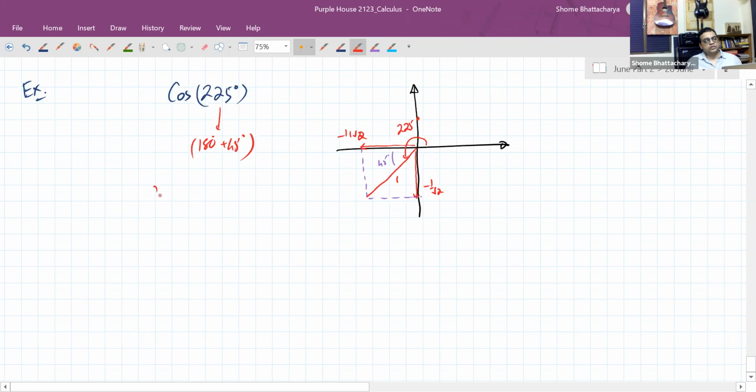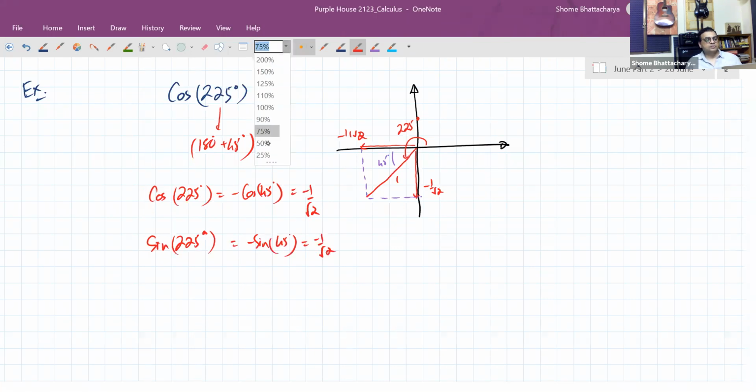So cos 225 will just become minus cos 45. In this case it's the same, but just to be clear, it's minus 1 by root 2. Whereas sine 225 is also minus sine of 45, which is also minus 1 by root 2.